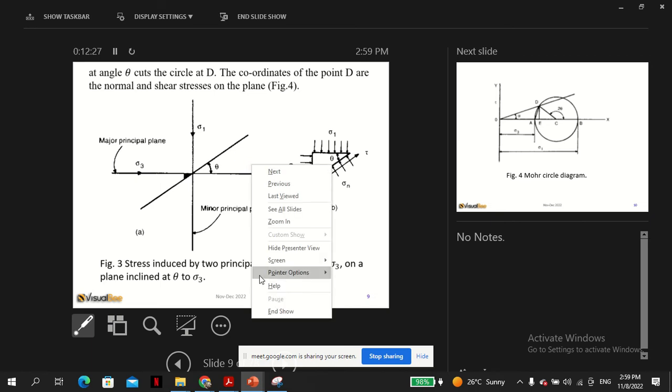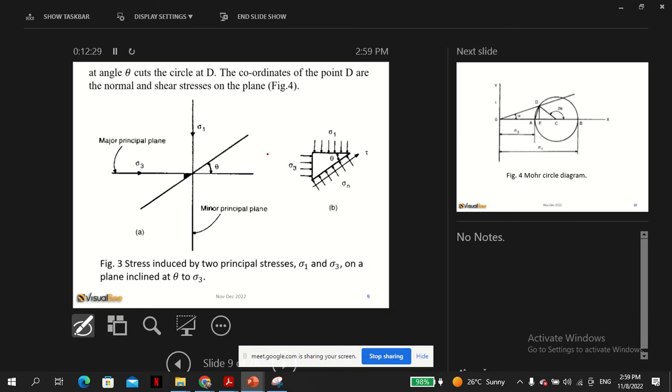So I continue to remind you this: tau equals c plus sigma n tan phi. The values we are talking about, the sigma n is this one, and the tau we are talking about is this.